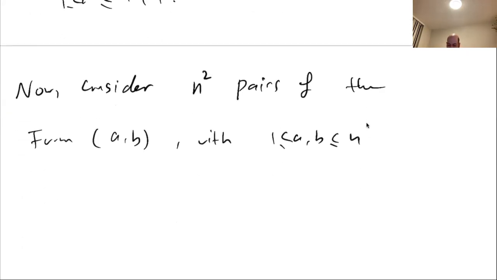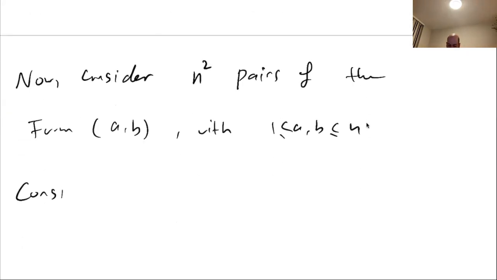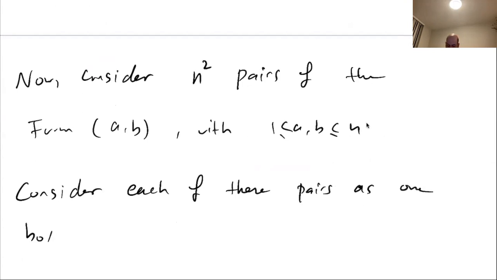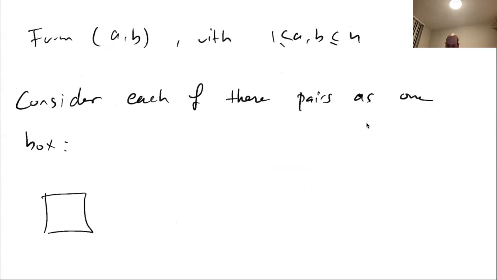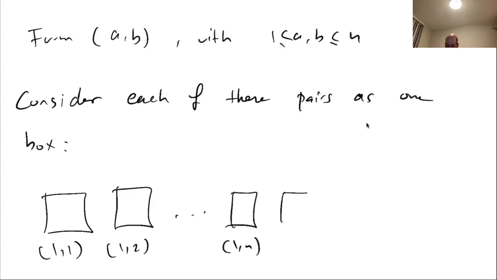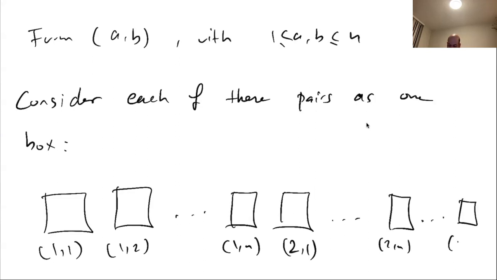So now consider each of these pairs as one box. The first box therefore is 1 and 1, the next box is 1 and 2, the nth box is 1 and n, the next box is 2 and 1, then 2 and n, and all the way to n and n.